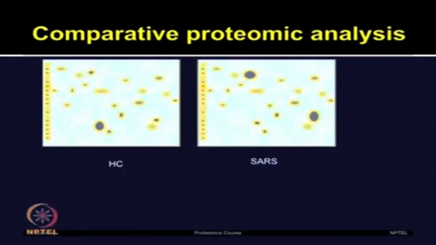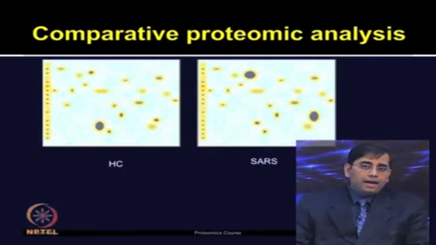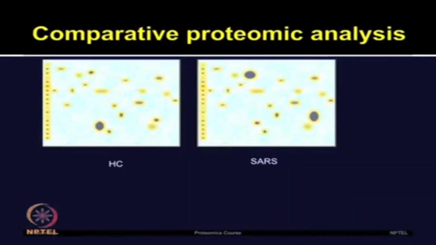So, the comparative proteomic analysis of these 2D gels revealed that 38 protein spots were differentially expressed, more than two-fold change. And out of these spots, 35 were upregulated and 3 were downregulated.